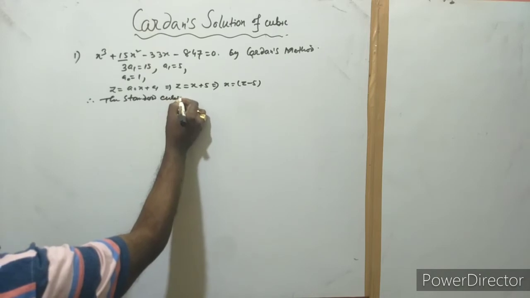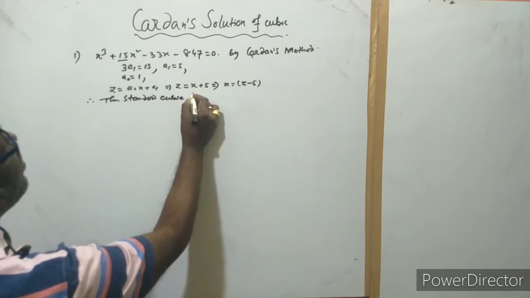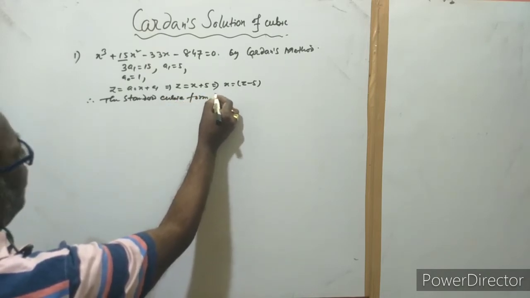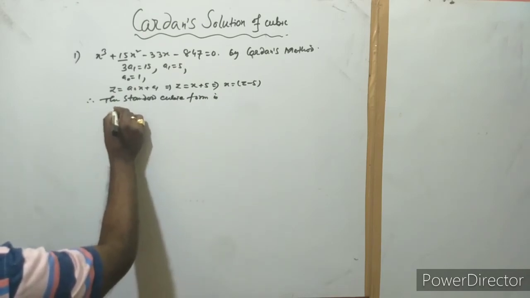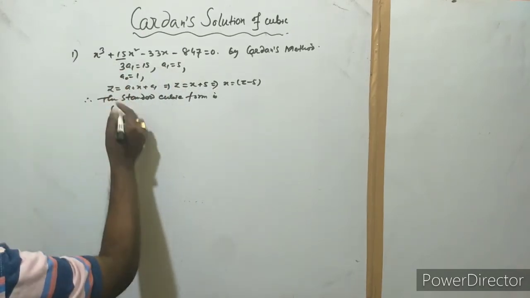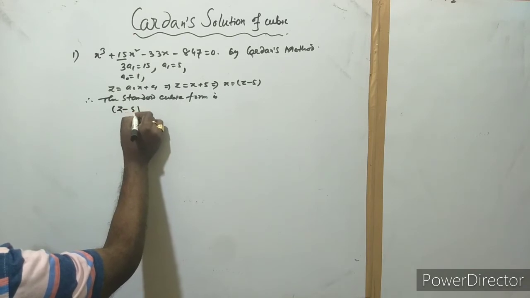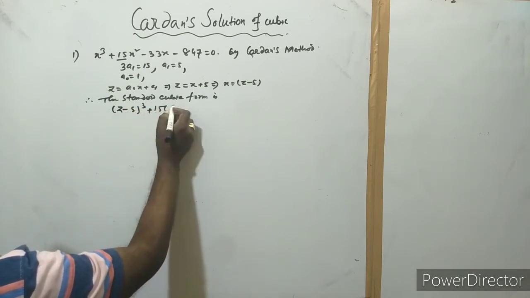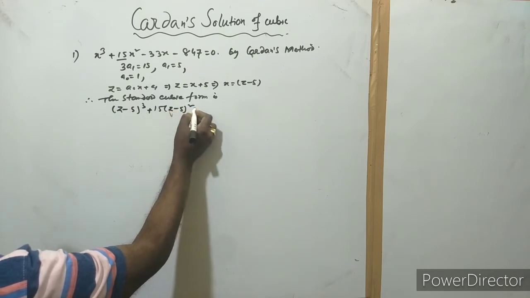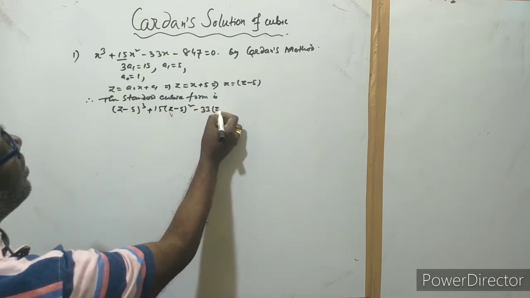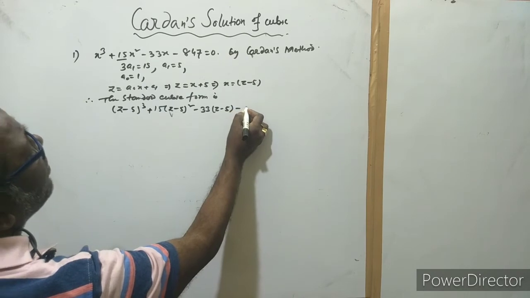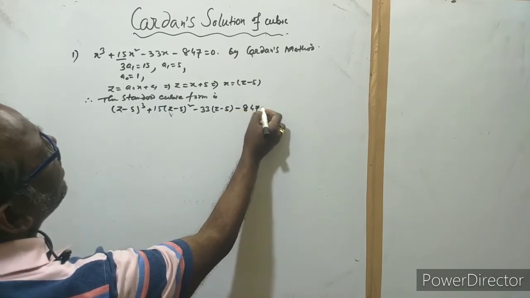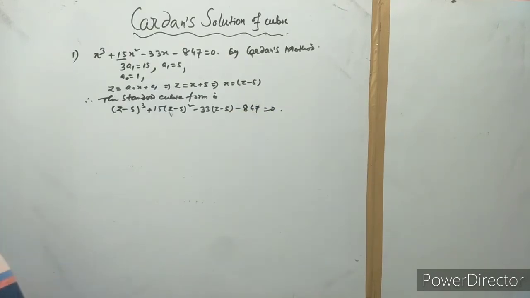substitute this x in that: (z minus 5) whole cube plus 15 times (z minus 5) whole square minus 33 times (z minus 5) minus 847 equal to 0.